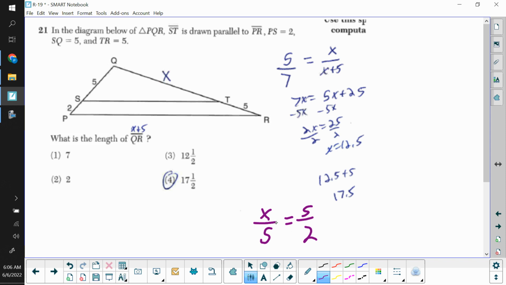Well, notice still that x is only QT, so that would give you 12.5. So just make sure that, oh, I should say that I got 12.5 there, and then added the 5 to get the 17.5 because they wanted QR.